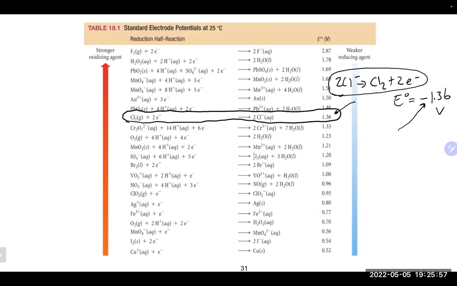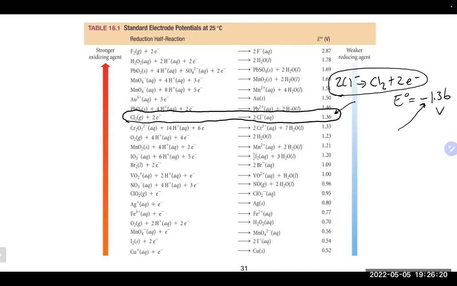But oftentimes we just go to the standard reduction table and leave the sign alone and use the subtraction, so it does the changing for you. But again, if you had a more specific question where it says give the E value for this specific reaction written as an oxidation, the negative 1.36 would be the correct voltage for it.